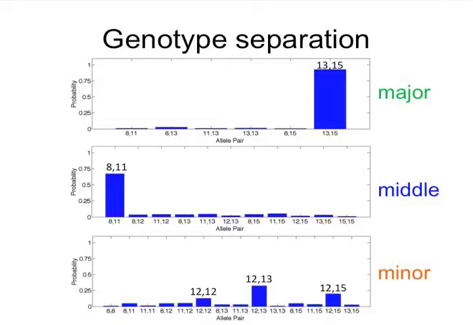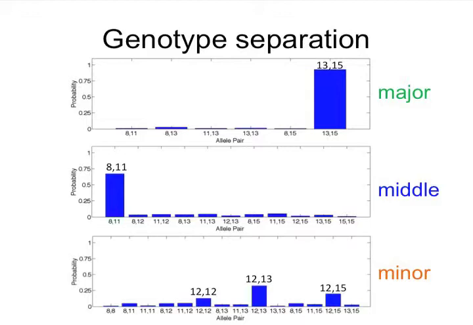And you can quickly notice that the genotype distributions between the major and the middle contributor are different. There are different allele pair listings, there are different probabilities assigned to each. So you could see there's already separation of the contributors. Now, looking at the minor contributor, you can see we do have some additional allele pair possibilities here.